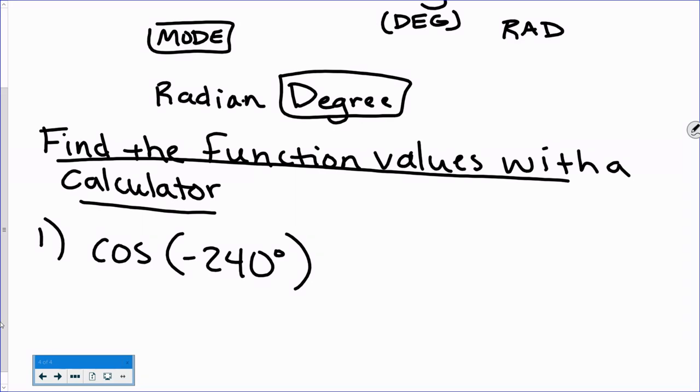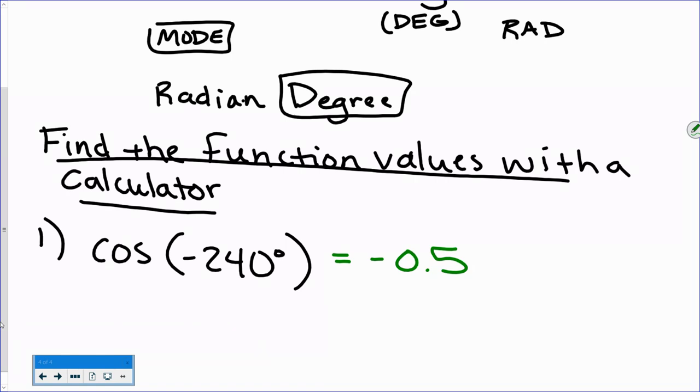All I'm going to do is type cosine, then negative 240, and press enter. As long as I'm in degrees, I will get the correct answer. So you should get negative 1/2, because this would have a reference angle of 60 degrees, which would fall on our special right triangles.